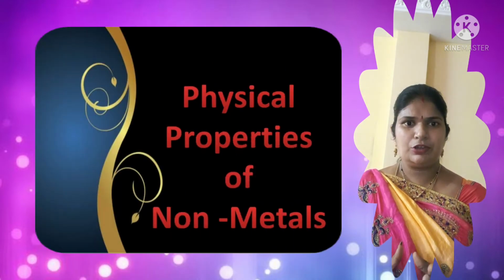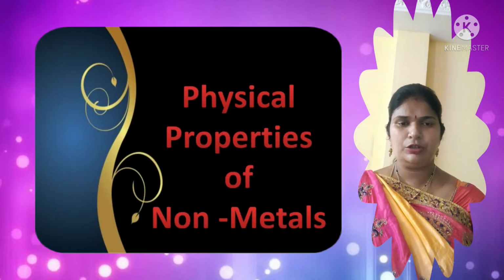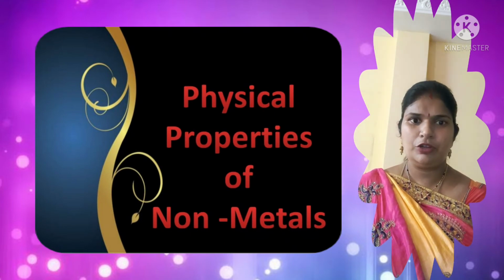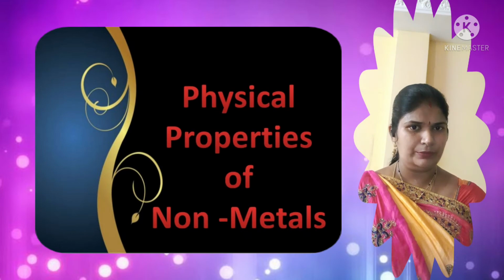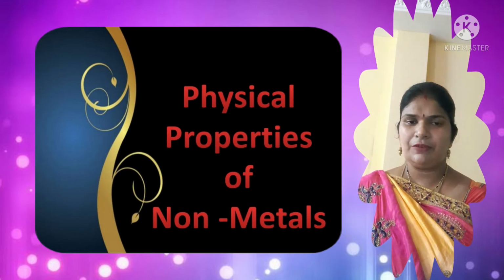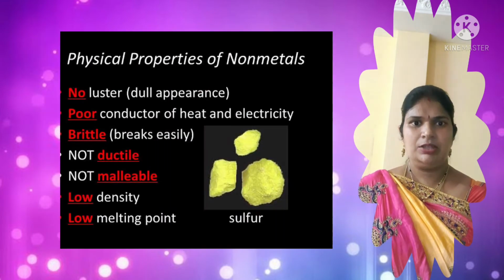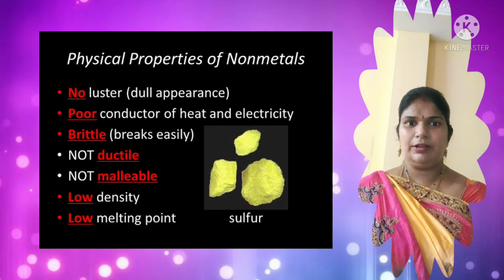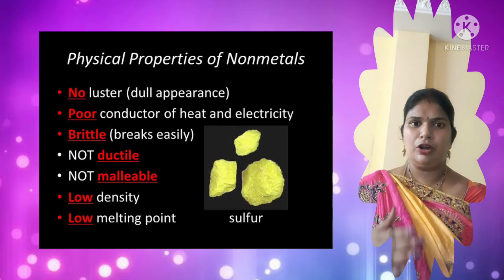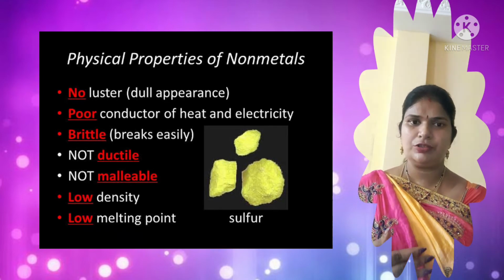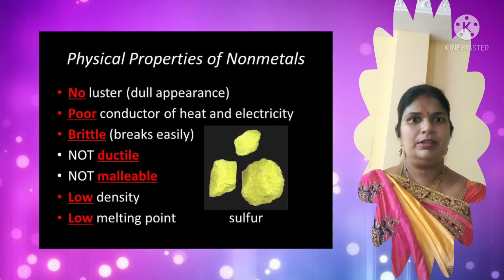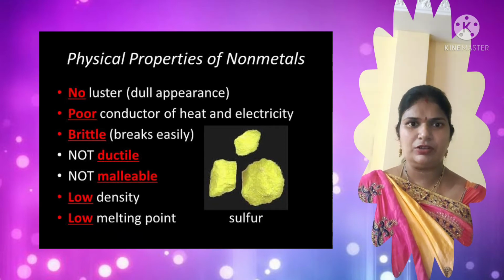Next coming to physical properties of non-metals. Before going to the physical properties of non-metals, how do we define a non-metal, children? A non-metal is a non-lustrous, non-sonorous, non-malleable and non-ductile element. Yes or no?